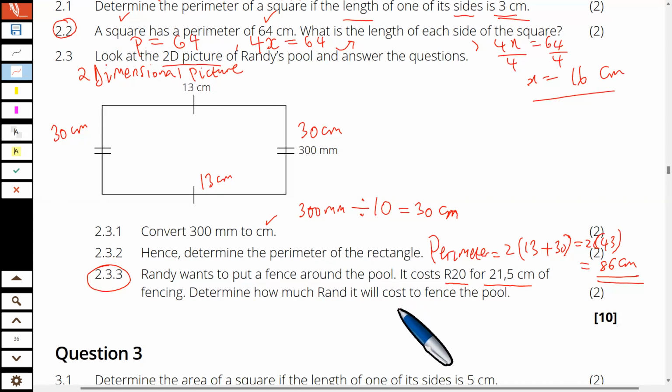But he must buy the fence. To buy the fence, he realizes that it costs 20 Rand for 21.5 centimeters of fencing. Determine how much Rand it will cost to fence the pool. I'm giving you 2 minutes to try this one, then we shall do corrections together.